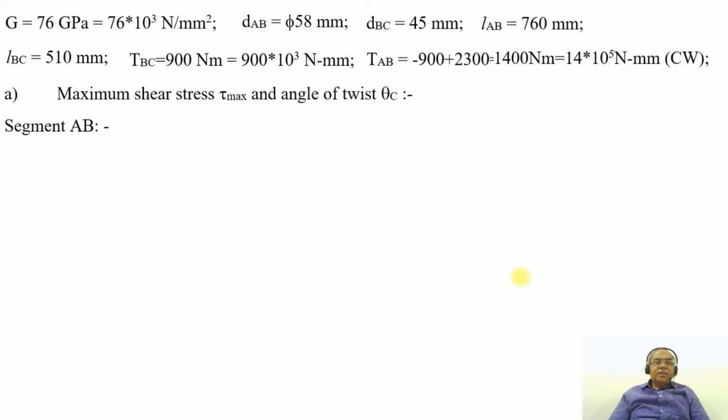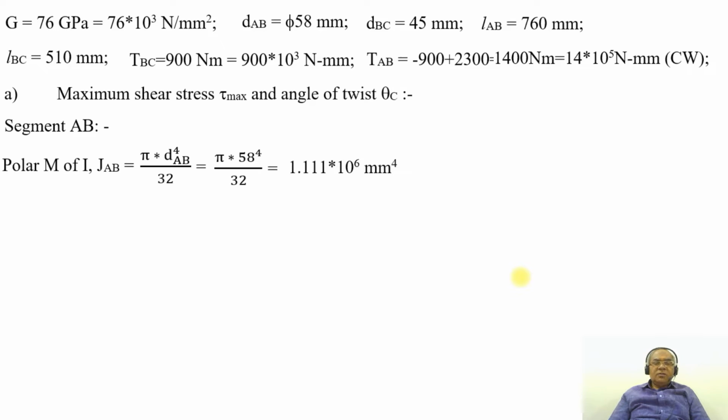Segment AB will have the polar moment of inertia JAB equal to pi into d to the power of 4 by 32 for the section AB, which is pi into 58 to the power of 4 by 32. On simplification, you will get 1.111 into 10 to the power of 6 mm to the power of 4.